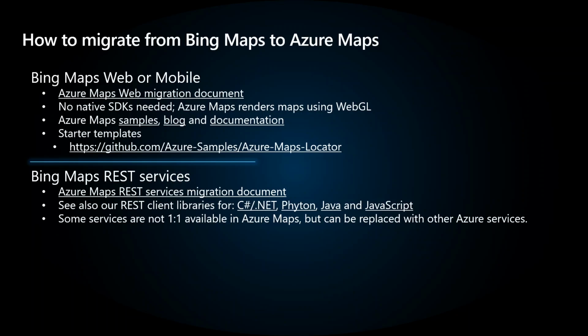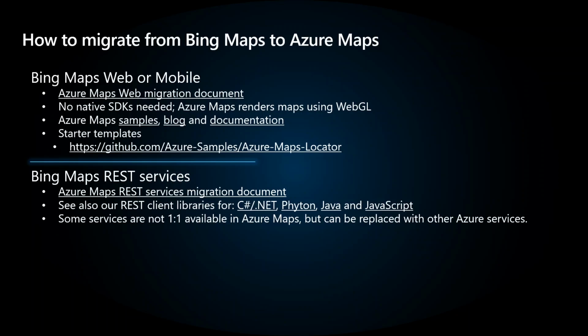So if you have, for example, a map with routing or with points on the map, and you want to migrate that to Azure Maps, you can just go to the sample website, take one of the samples or maybe combine two samples, and then you already have a solution that looks really similar to what you had in Bing Maps for Enterprise.